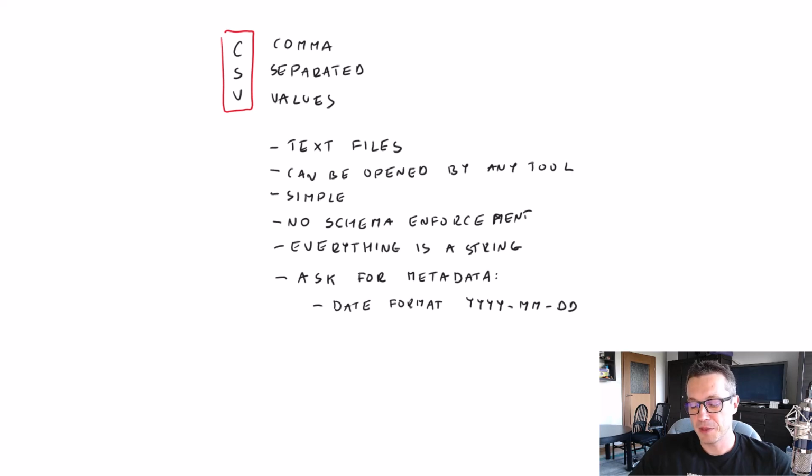Because again, depending on the culture and the country from which you're getting your data, this date format might differ. So just to avoid these differences, ask upfront for your date format.